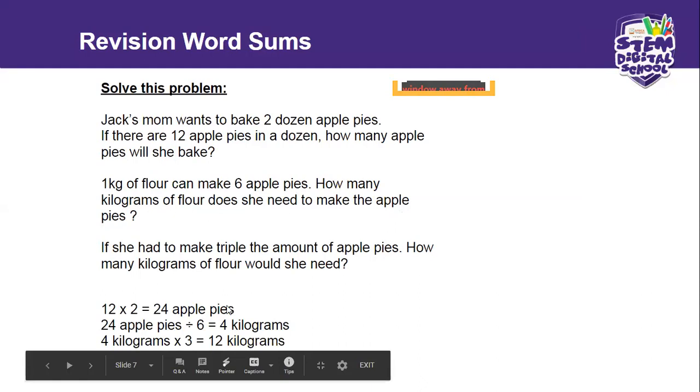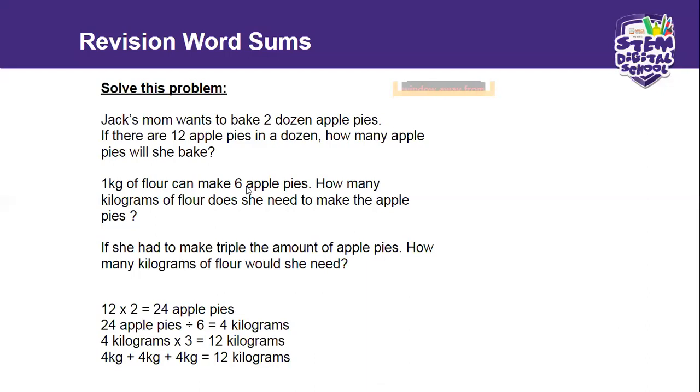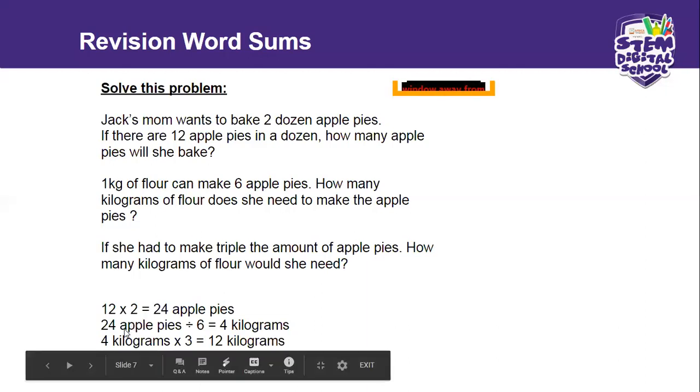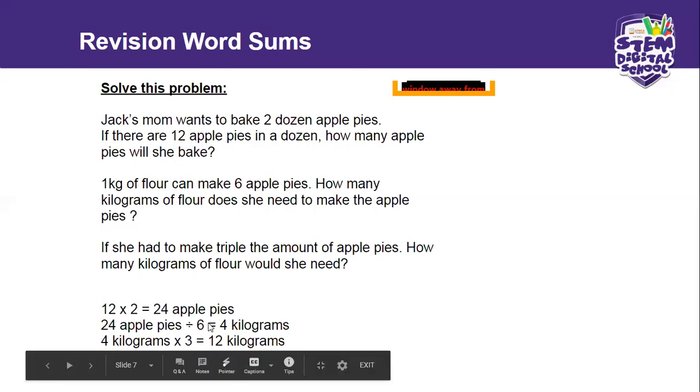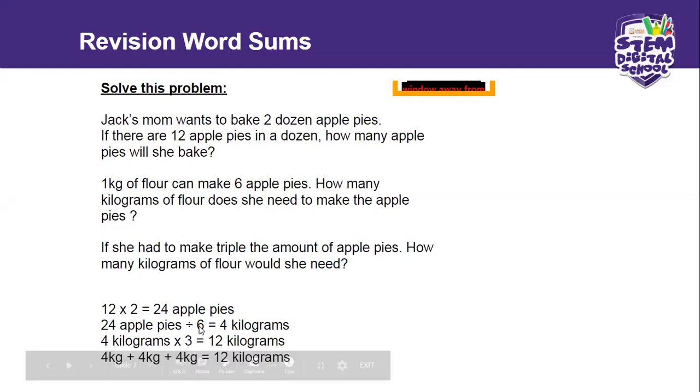Okay, remember we need to make 24 apple pies. So if 1 kilogram can make 6 apple pies, then it means that we are going to go to the 24 apple pies that we want to make, and we will divide them by 6, which represents 1 kilogram for the 6 apple pies.